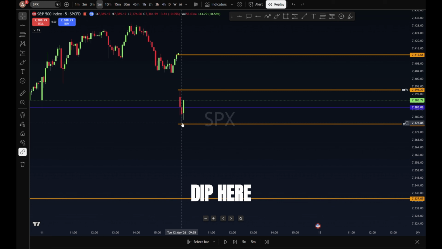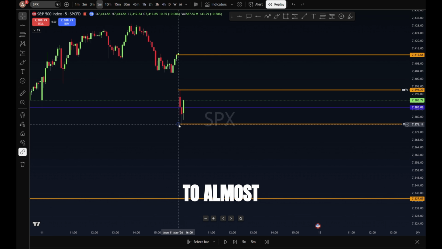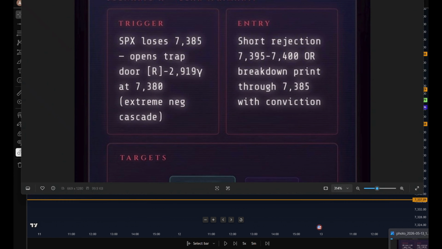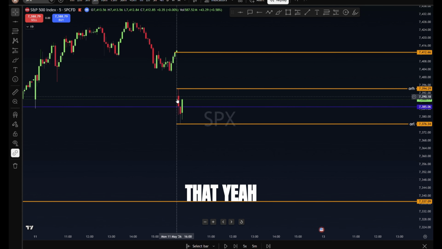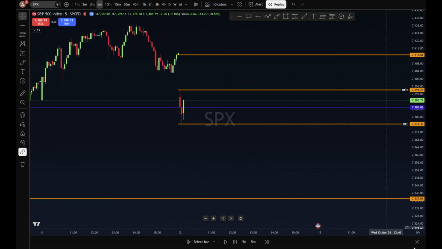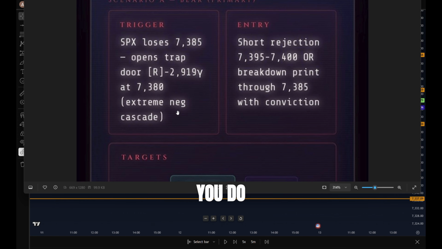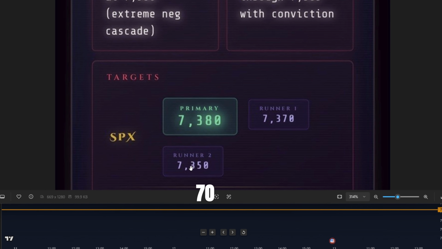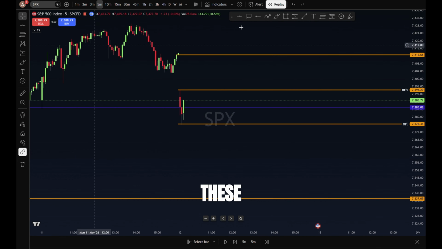You see the dip here all the way to almost 75. So you can now tell that bears are in control. You have level 1, 2, 3, all the way to 70 and 50. You have these targets.